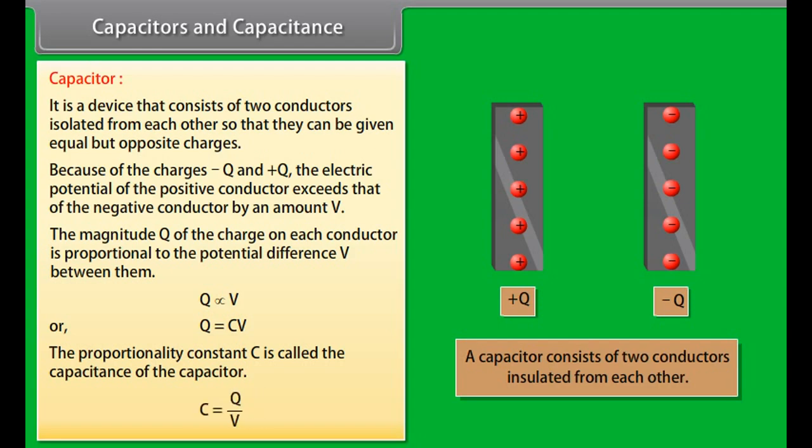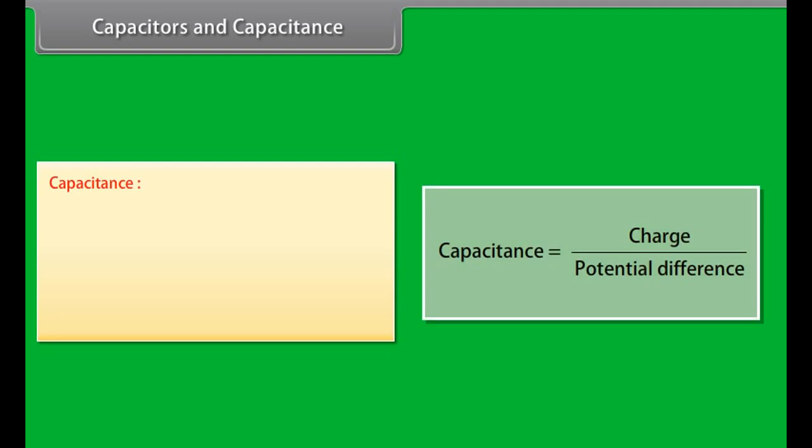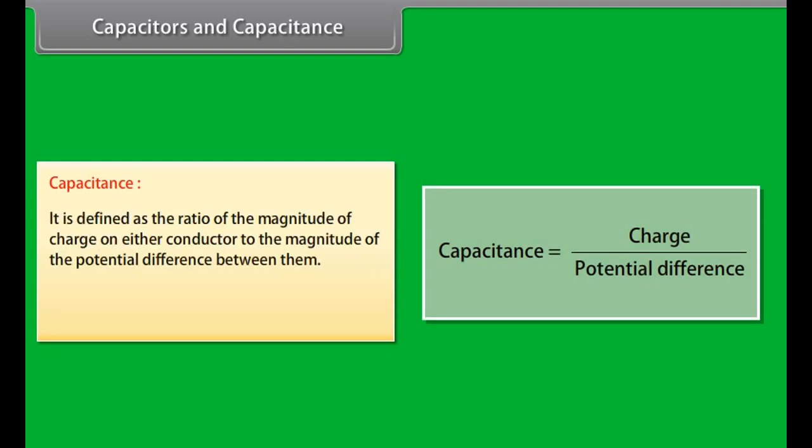C is equal to Q by V. Capacitance is defined as the ratio of the magnitude of the charge on either conductor to the magnitude of the potential difference between them. The SI unit of capacitance is coulomb per volt, called farad.